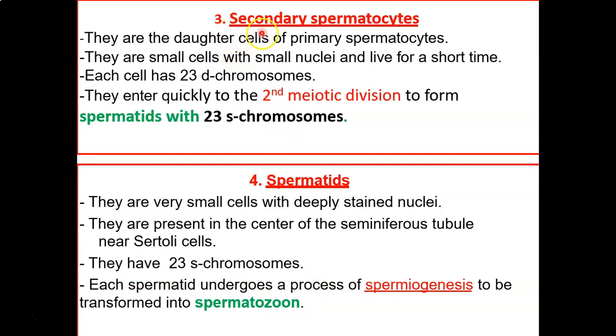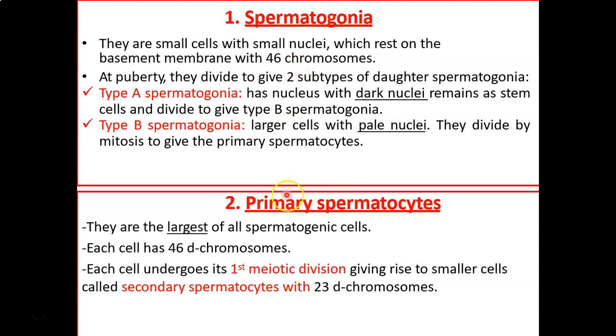The cell number 3, secondary spermatocyte. Secondary spermatocytes are daughter cells of primary spermatocytes, small cells with small nuclei, and live for a short period. If you compare them with primary spermatocytes, the primary spermatocyte is the largest cell and stays for a long period.